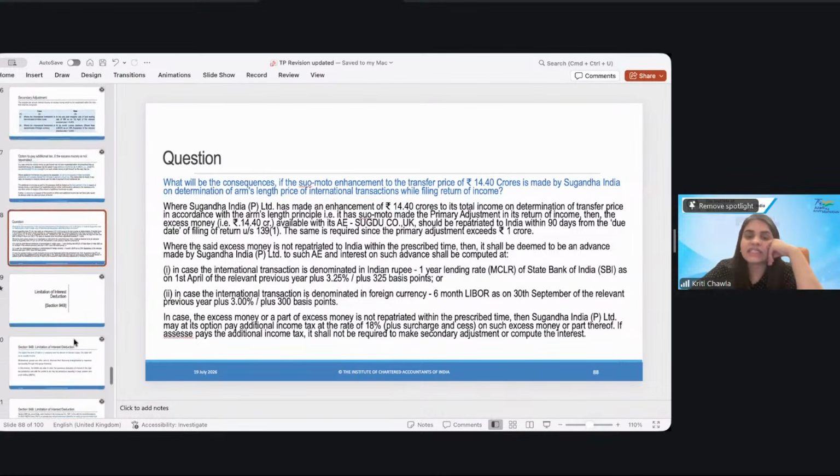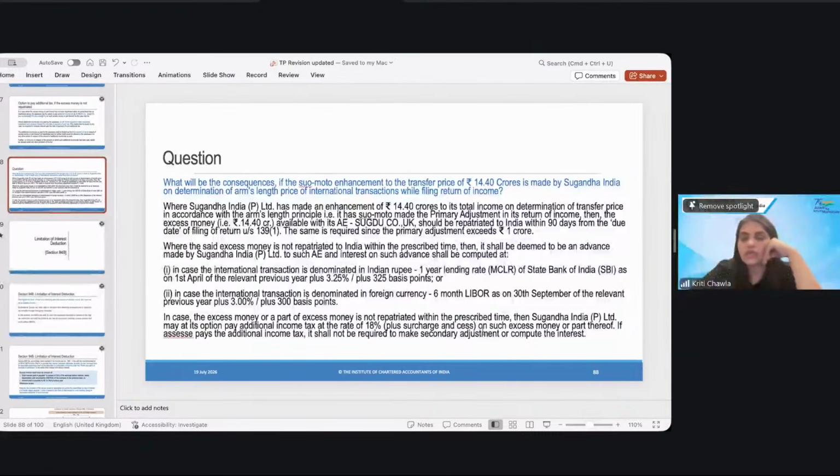In case the excess money or part of excess money is not repatriated within prescribed time, then they will have the option to pay additional income tax at the rate of 18% plus surcharge and cess on such excess money or part thereof. If the assessee pays the additional income tax, they will not be required to make secondary adjustment or compute the interest. So that is the entire gamut of secondary adjustment cases that you should be mindful of.